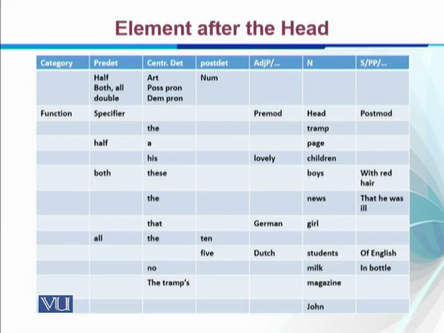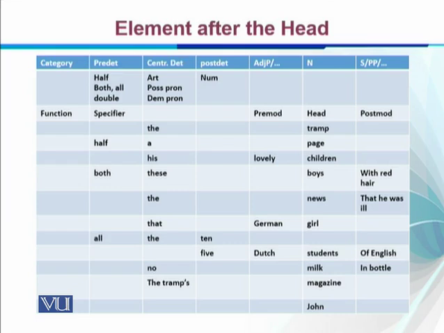Similarly, post-determiners such as ten, five, and adjective phrases: lovely, German, Dutch, etc. Then we can have post-modifiers that come after the head, for example, boys with red hair, and similarly news that he was ill. So we have an embedded clause here. These are different possibilities of constituents within the noun phrase.